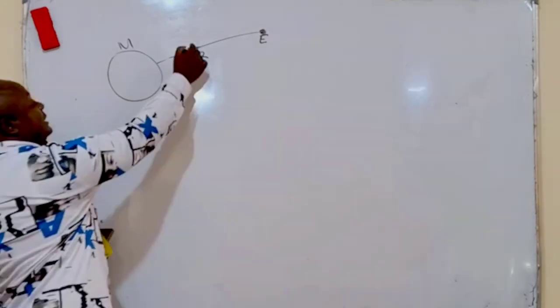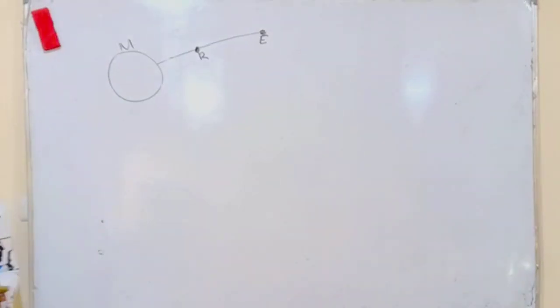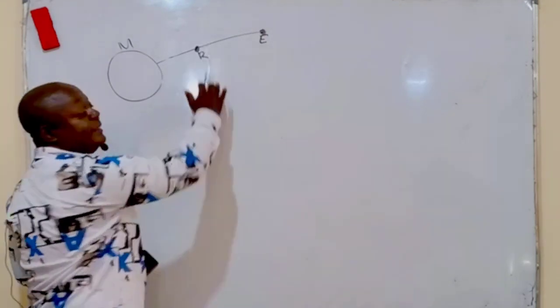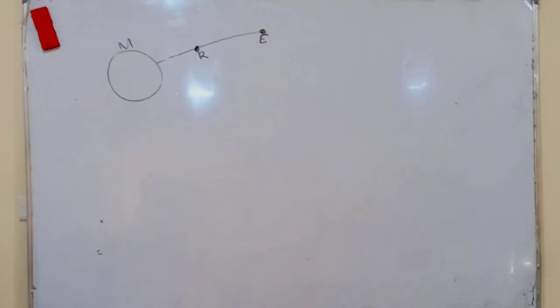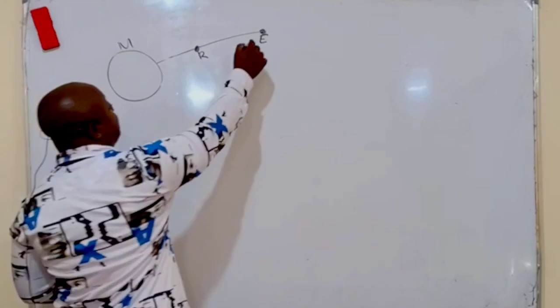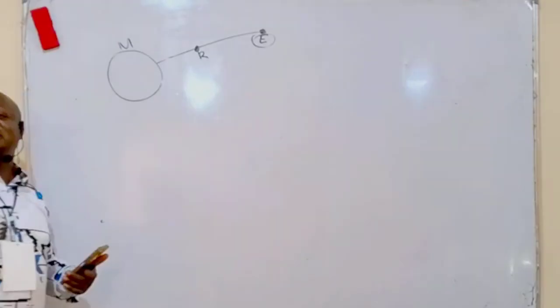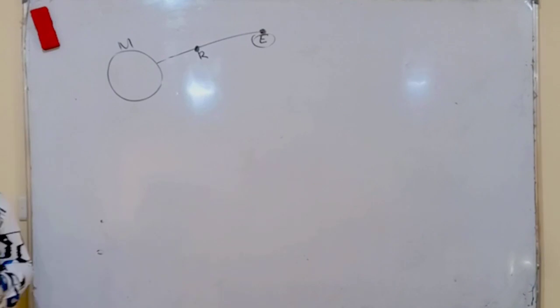And then there's a receiver here. So it's emitting a pulse of light from here, and the pulse of light is received at the other end.